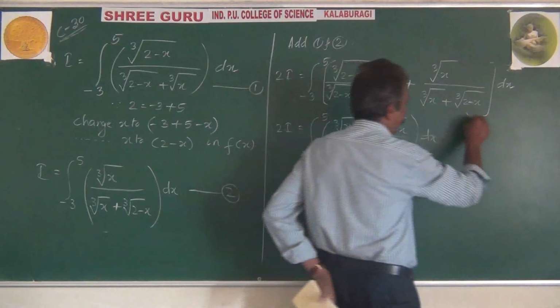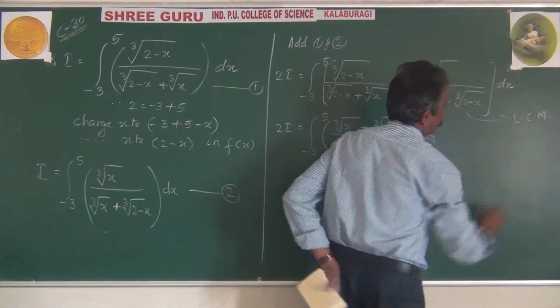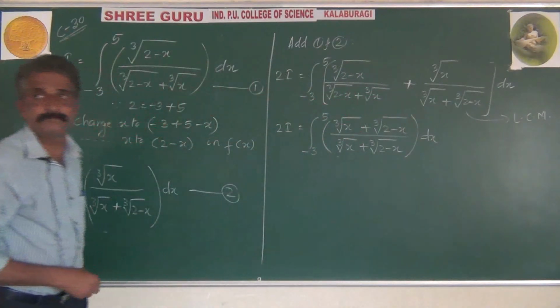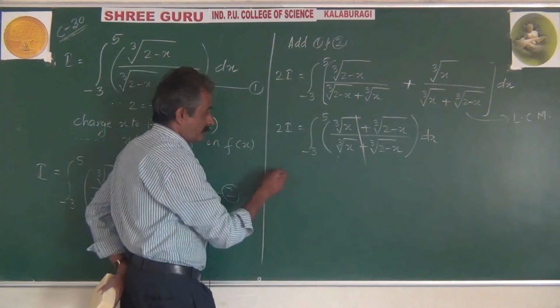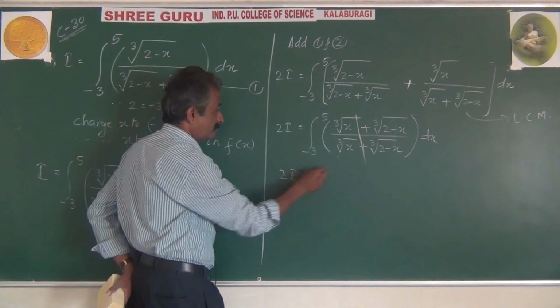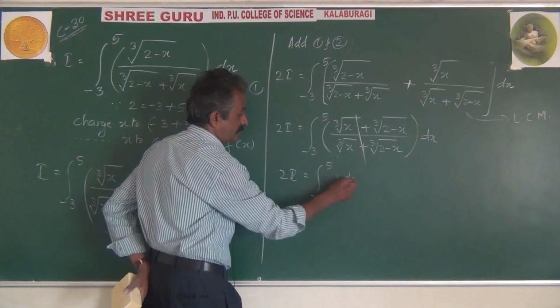Here we take the step of LCM. And this bracket will as usual cancel out. 2I equal to integration minus 3 to 5 1 dx.